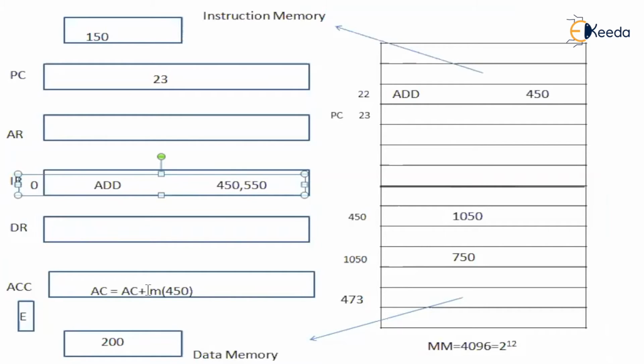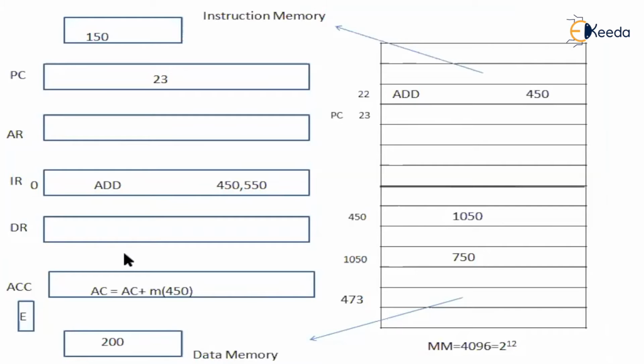Okay, but still, in every processor, there is a necessity of updating the accumulator at the end of every instruction. Either it is a single accumulator organization, or it is a general register organization, or even in the stack organization, accumulator should be updated, because accumulator is going to give you the status of the program.